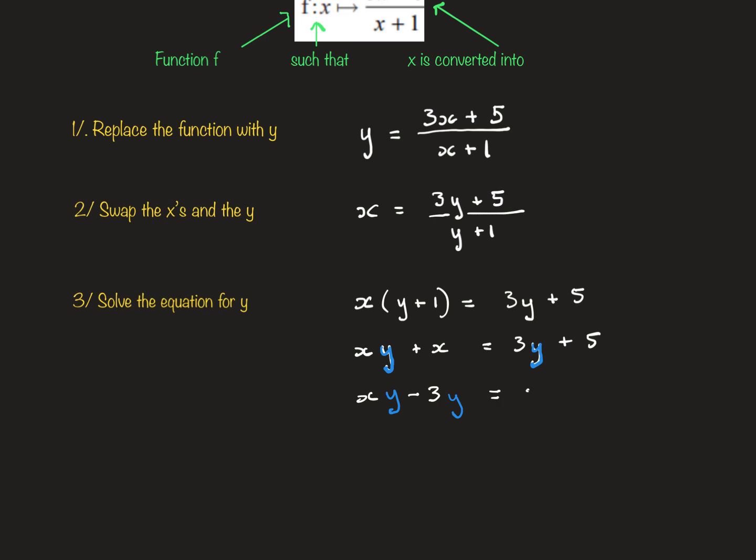So we'll have 5 take away x. And factorize the left hand side for the y. And rearrange everything for y.